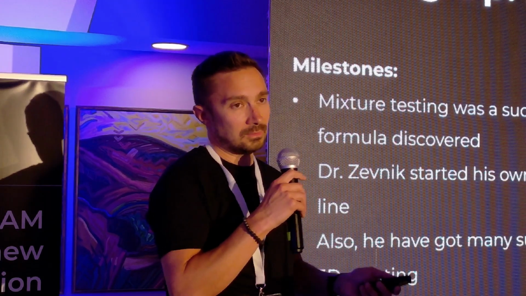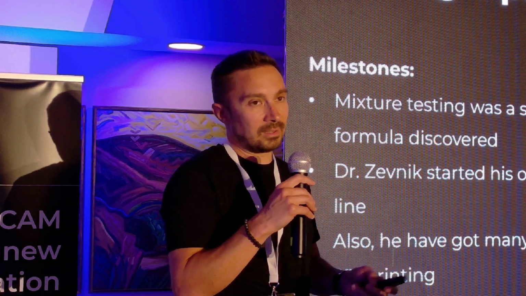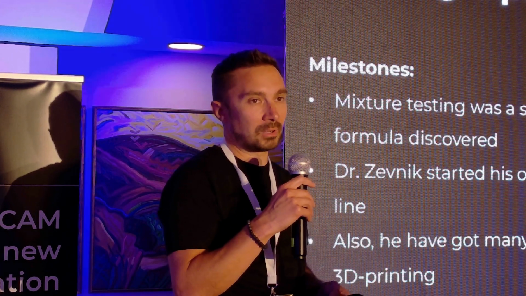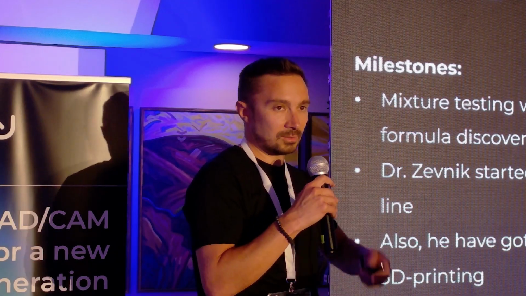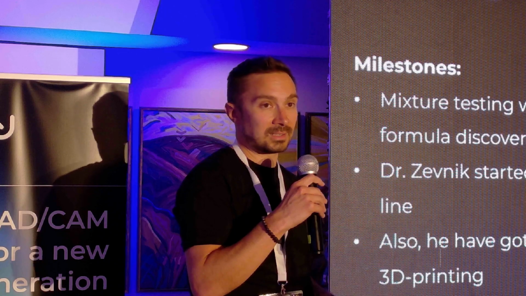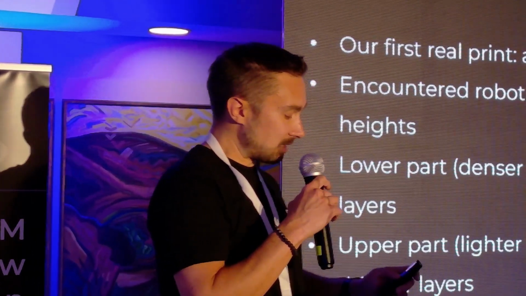And we have figured out that small robots have some limitations, and we would like to upgrade. And now we are on our way to upgrade this robotic cell. Okay, that was the first project.